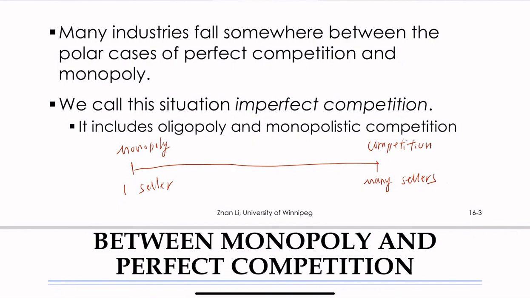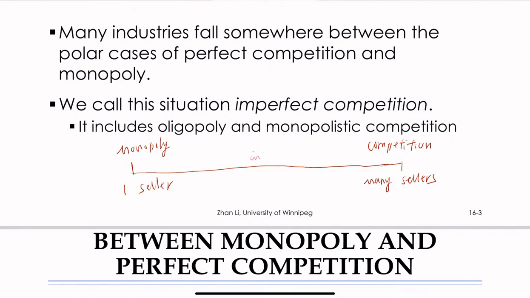So we should think about some middle case between monopoly and competition. That's our motivation here. We're looking for the type of market which is in between monopoly and competition.